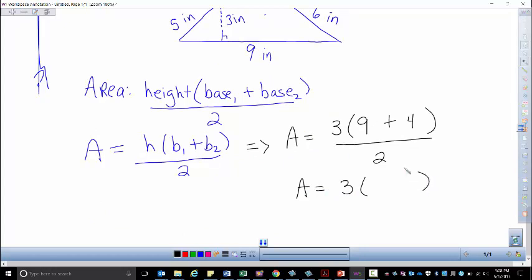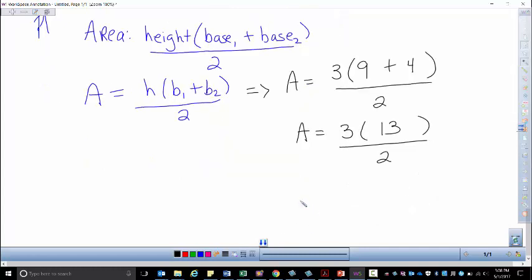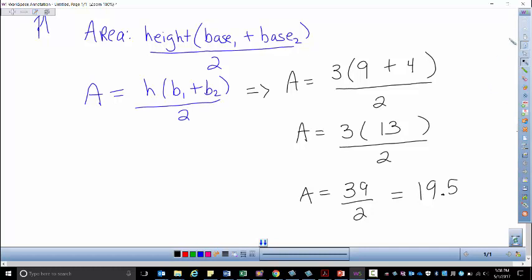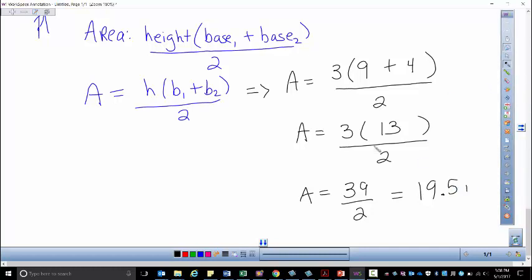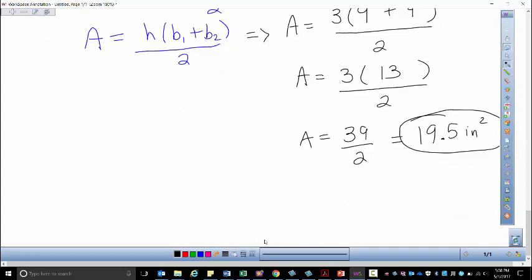So 3 times 9 plus 4 is 13, divided by 2. And so then I get area equals 39 divided by 2, which is 19.5. And I think we were inches squared. So that's a trapezoid. Let's try one more trapezoid.